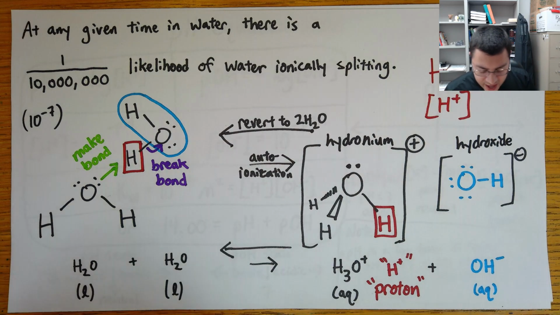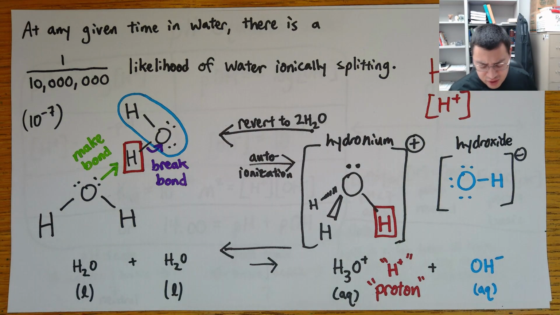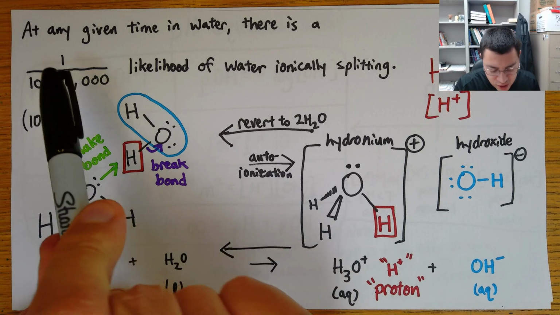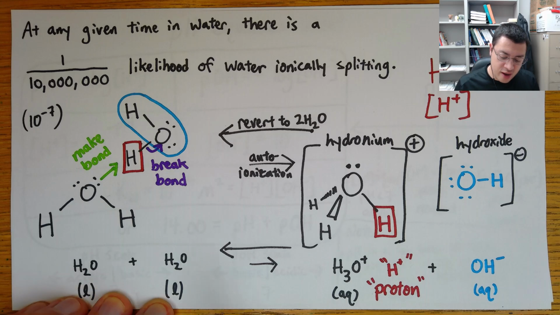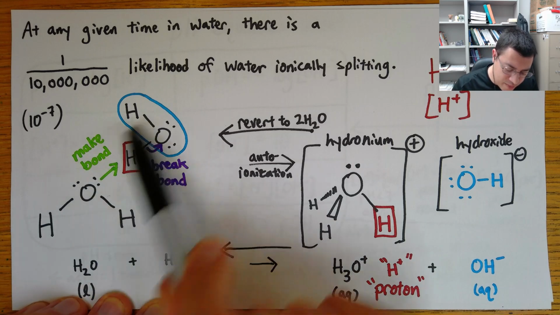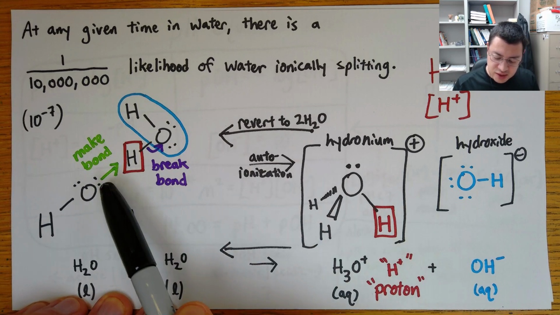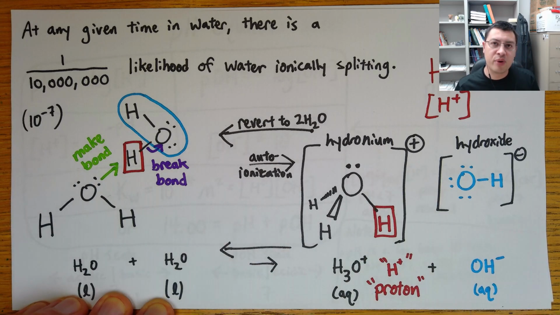All right. And what we're looking at is something called autoionization. This is the very small, we're talking 1 in 10 million here, the very small likelihood of finding 2 water molecules actually having split into ions at any given point in time.